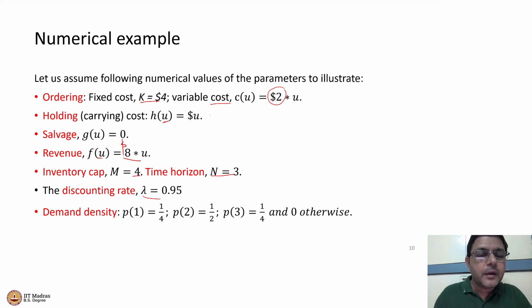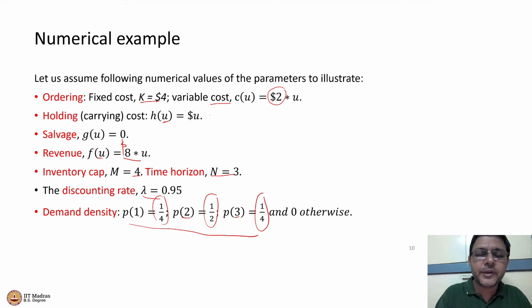All right. Demand is very important in a stochastic problem. Therefore, I have to tell you the probability density function. Demand is equal to 1 with probability 1/4. Demand is equal to 2 with probability 1/2. Demand is equal to 3 with probability 1/4.